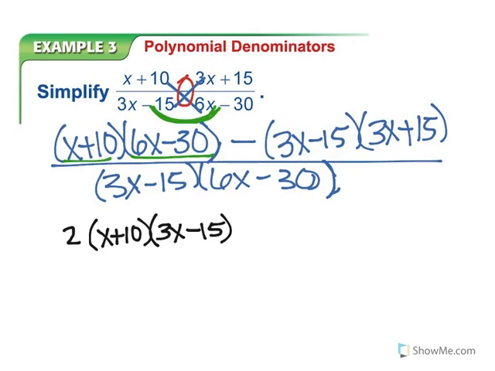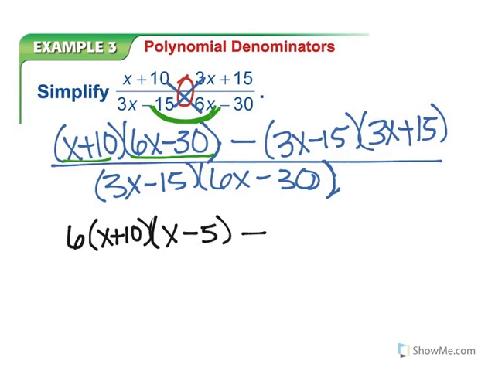Actually, you know what? We can factor out a factor of 6, so let's do that instead. Let's try that again. Okay, so we factor out a 6. 6x divided by 6 is x. 30 divided by 6 is 5, so we have minus 5.